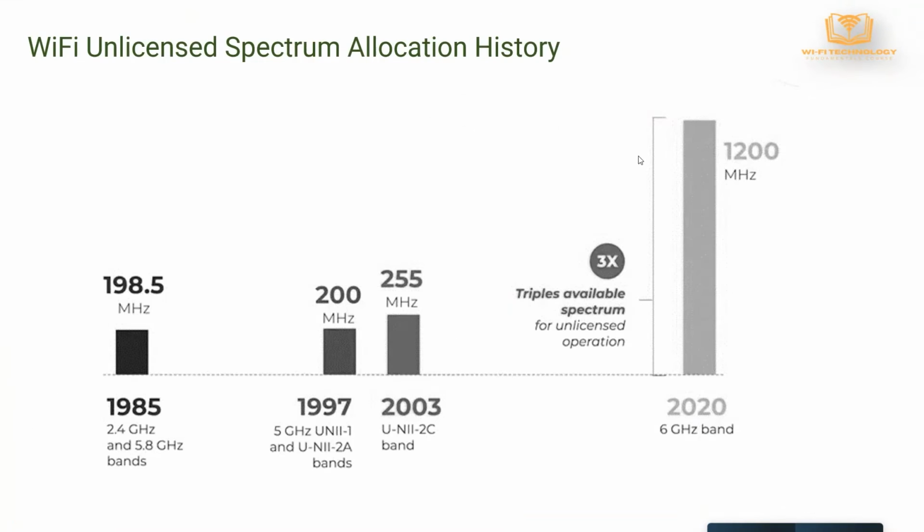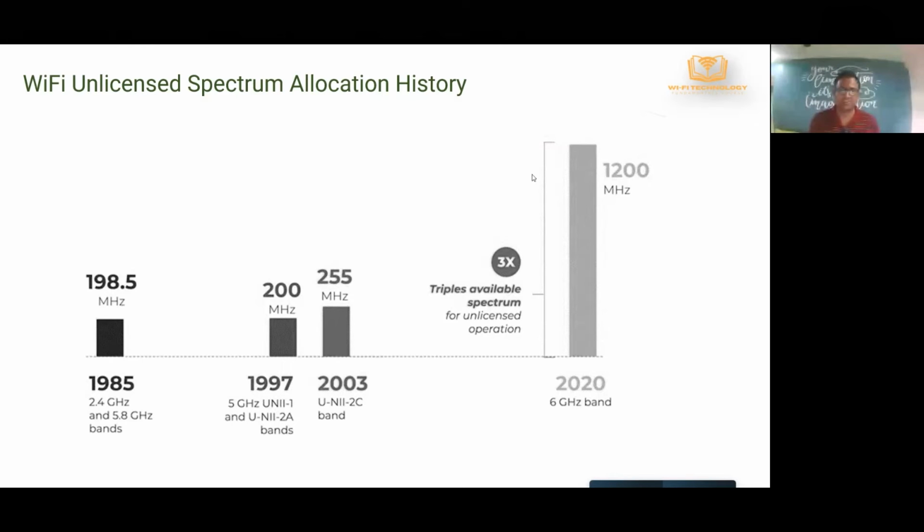So going back into history, if you look at Wi-Fi unlicensed spectrum allocation, around the 1980s we had some part of the 2.4 GHz band and some part of the 5.8 GHz band open up for unlicensed use. Of course, the frequency spectrum is used by other technologies like Bluetooth, cordless phones, microwave ovens, and so on, but it was also available for Wi-Fi.